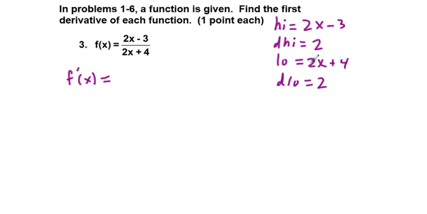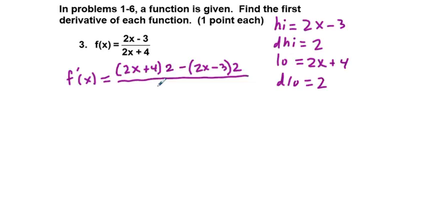and that is the low, in this case, which is 2x plus 4, times the derivative of the high, which is 2, minus the high, which is 2x minus 3, times the derivative of the low, which is 2, and we take all of this over low squared, which is going to be 2x plus 4.